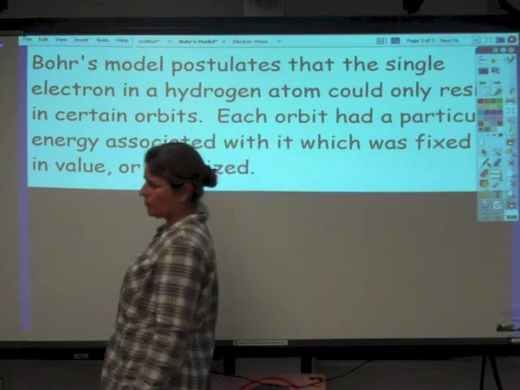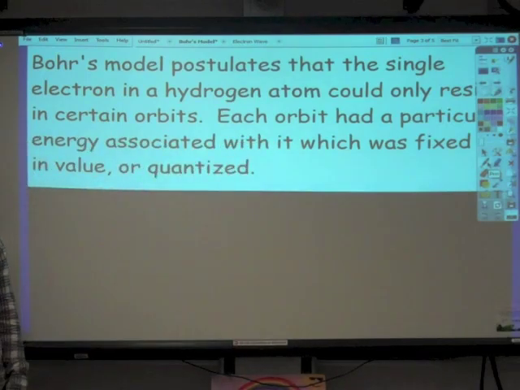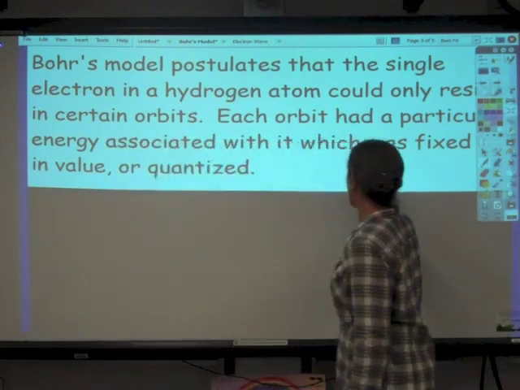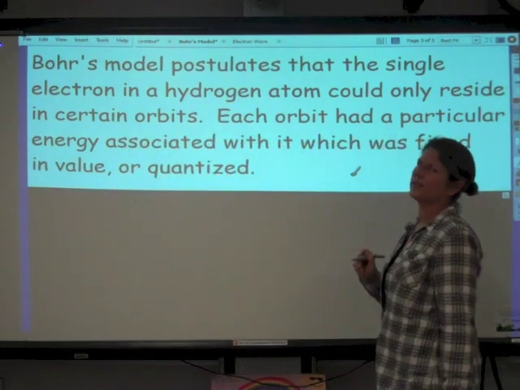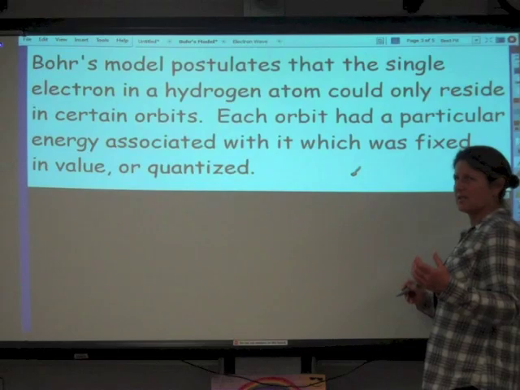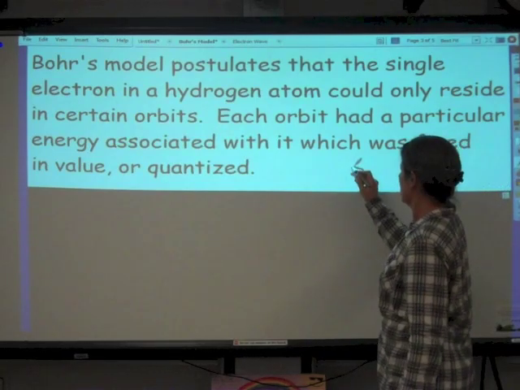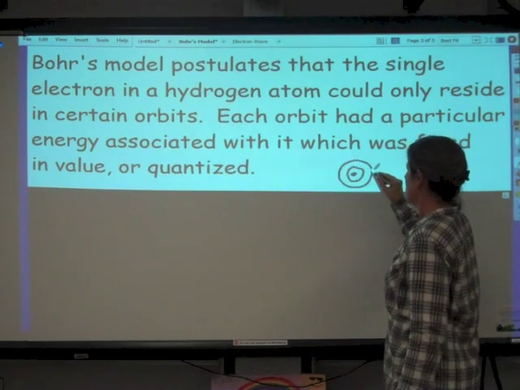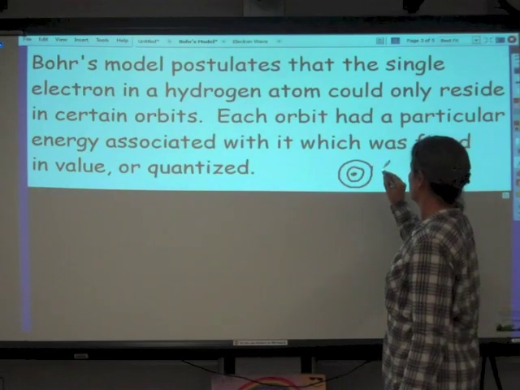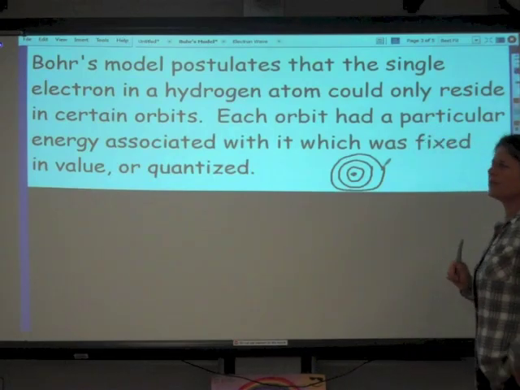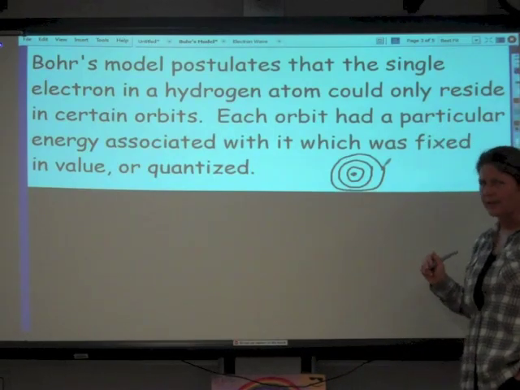But what Bohr added to this was that the orbits are actually at different distances from the nucleus. This is our nucleus. So here's one electron orbit. This is very simplified. Here's another electron orbit. Here's another electron orbit. So it looks like a target, a concentric ring pattern.